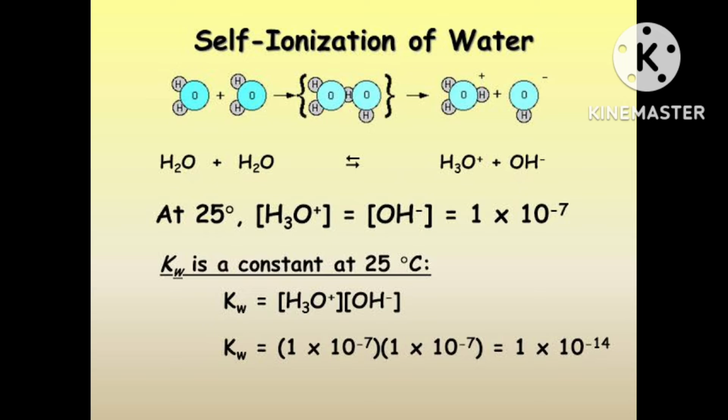That's why they are also called electrolytes. So acids, bases and salts are called electrolytes. Understood? Now I am going to discuss acids, bases and salts.